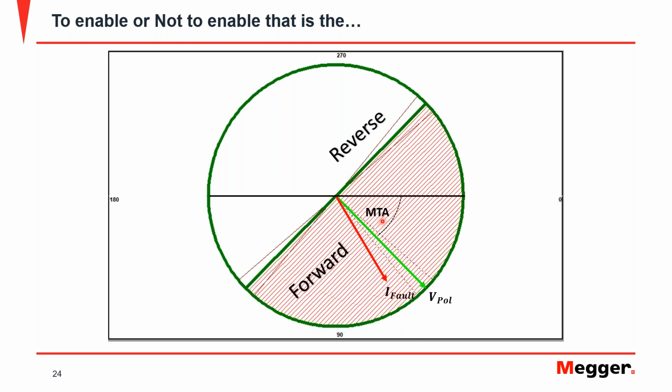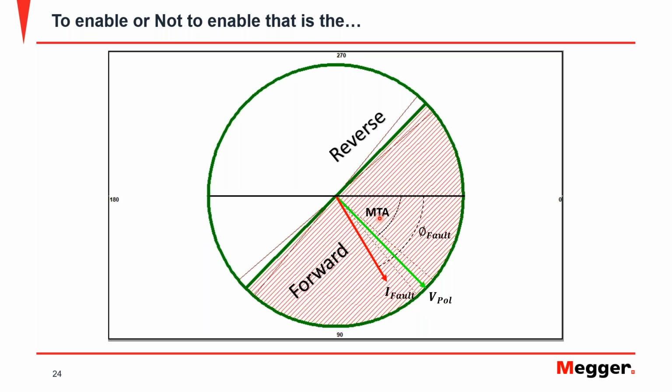Then we will have the fault current, and the relationship between the fault current and the polarizing magnitude will tell us whether the fault happened in the forward or in the reverse direction. See here, I have the fault current, and I have the angle to the fault. I have this polarizing magnitude.